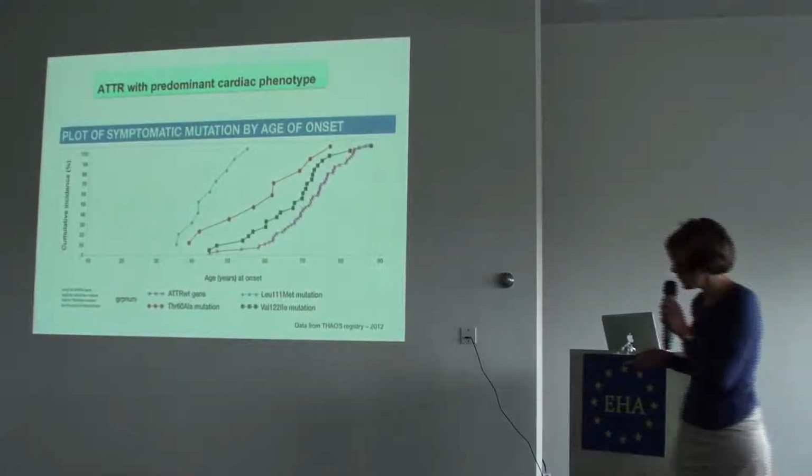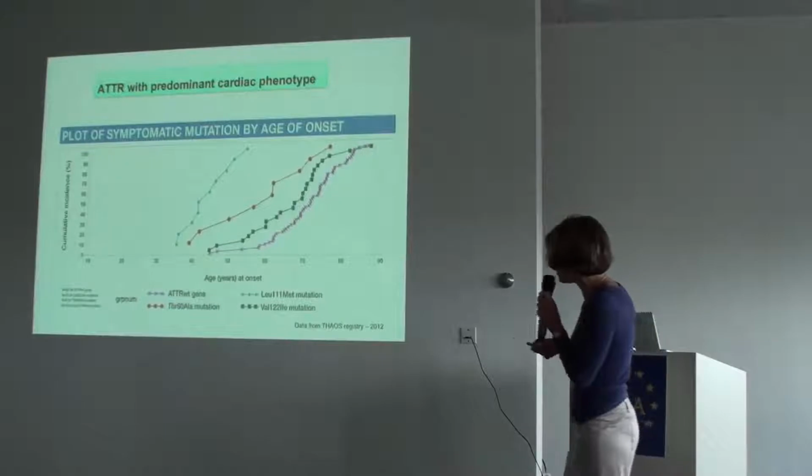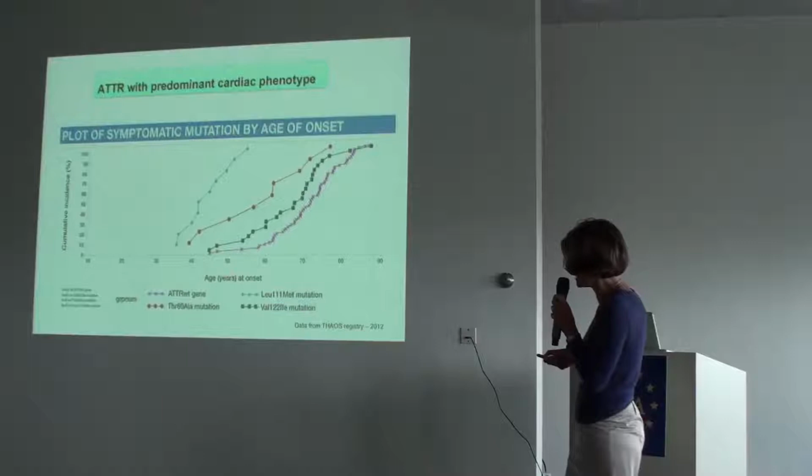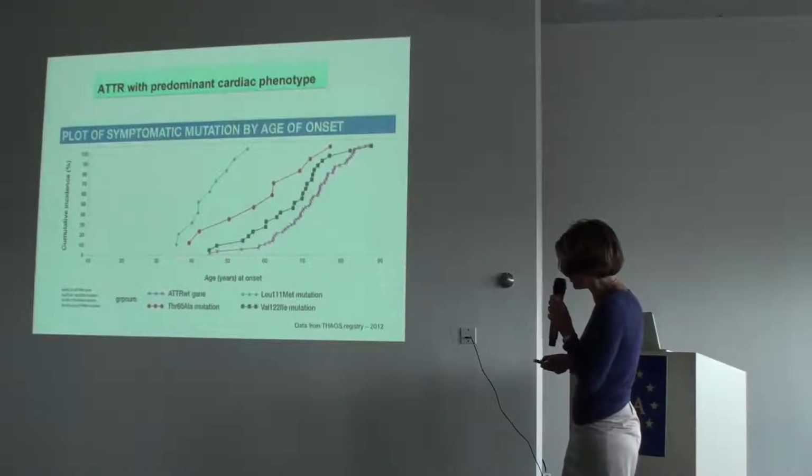And here is also data extracted from THAOS, where you can see that we selected the mutations having cardiac expression, virtually isolated cardiac expression. And what you can see is that the onset of the disease is much older, from the 4th to the 8th decade.